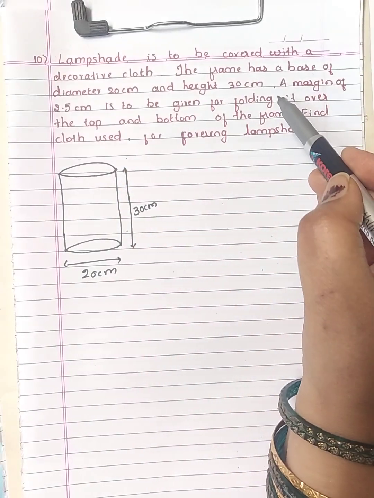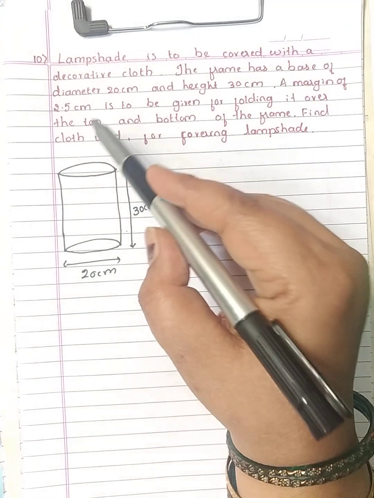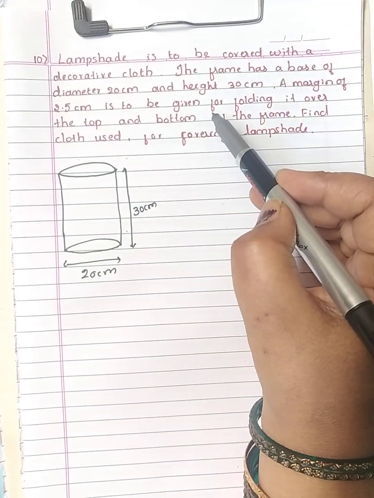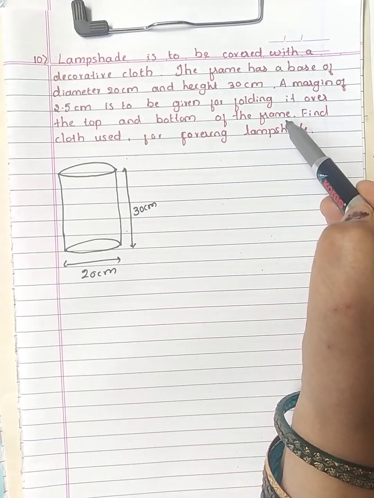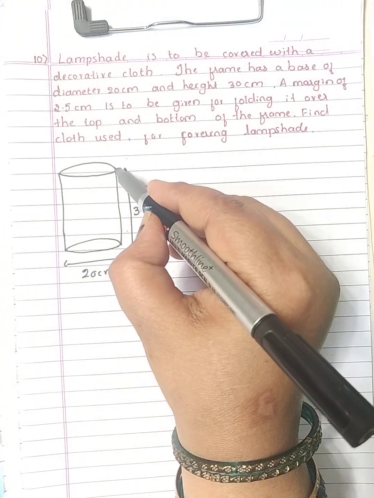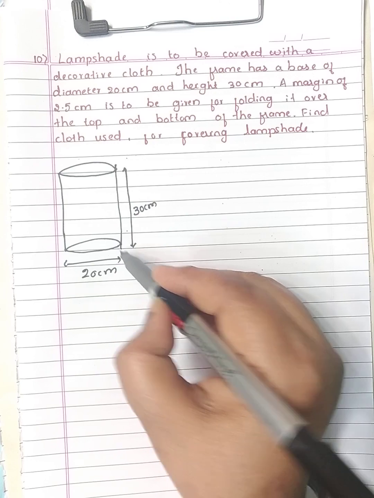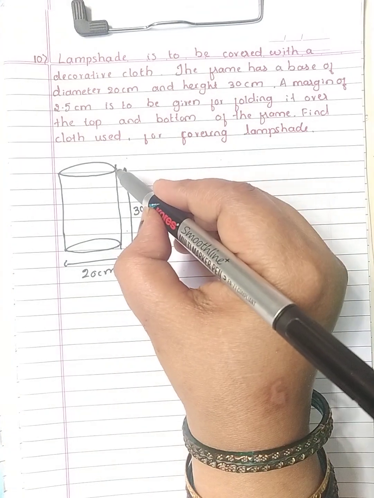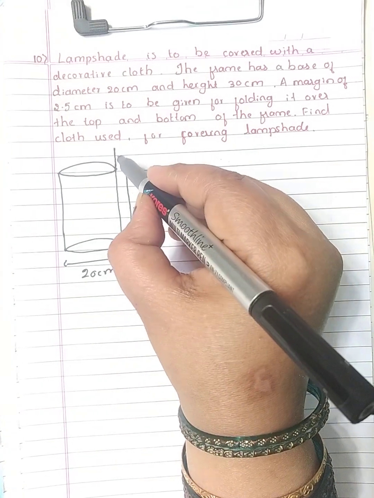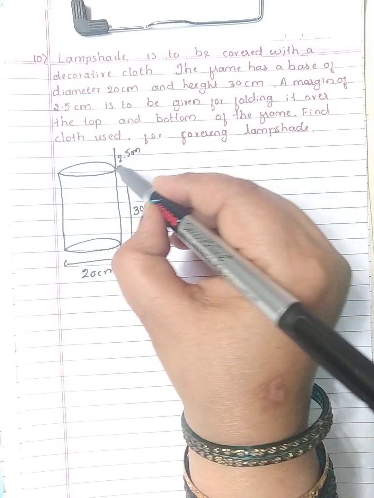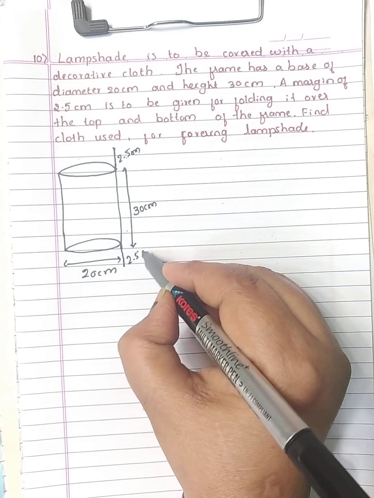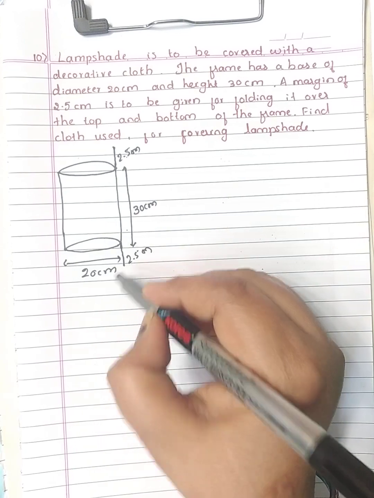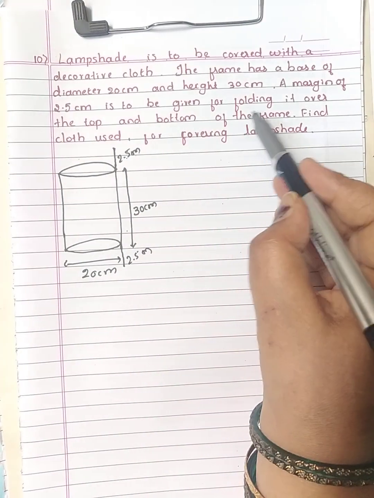The next part of the question is, a margin of 2.5 centimeter is to be given for folding it over the top and bottom of the frame. So this is the top of the frame and this is the bottom of the frame. From here 2.5 cloth is needed, and at the bottom also 2.5 cloth is needed, for folding it over.